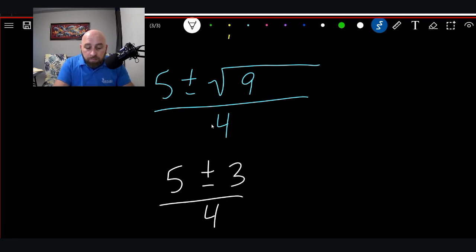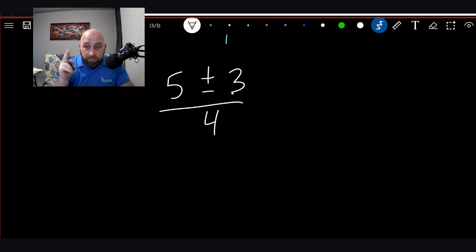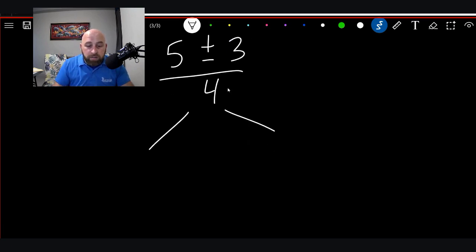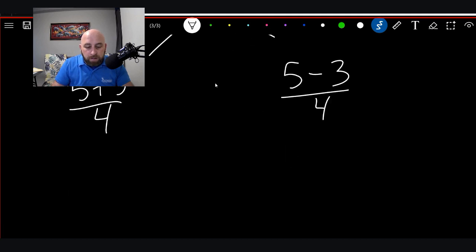3 over 4. Now we get to the point where, again, we have this plus minus sign. And remember, we have two answers here. Every quadratic gives us two answers. So we're going to branch this out into two solutions. We're going to have 5 plus 3 over 4, and we're going to have 5 minus 3 over 4. 5 plus 3 is 8 over 4, which solves to 2.